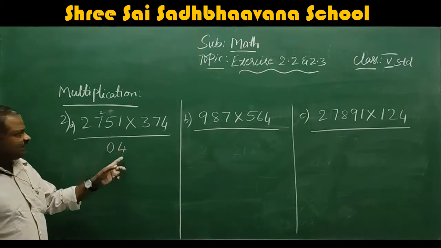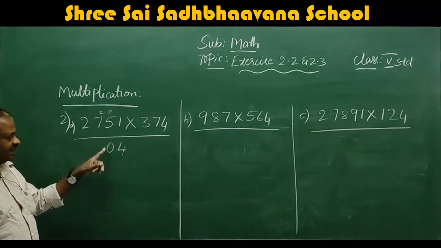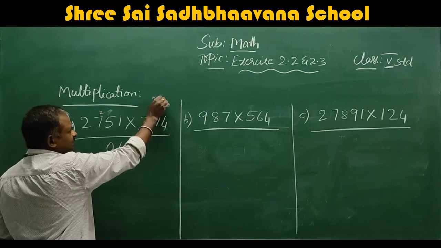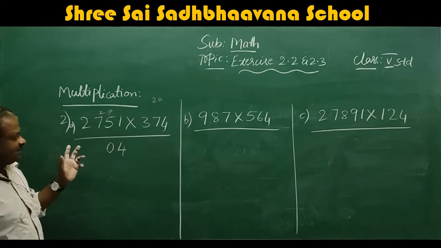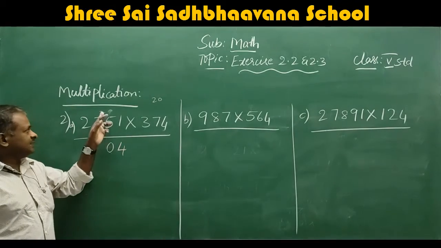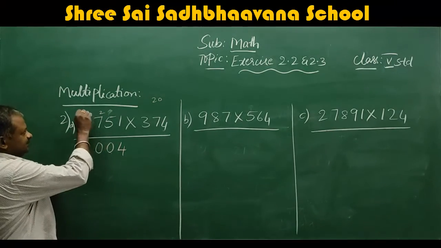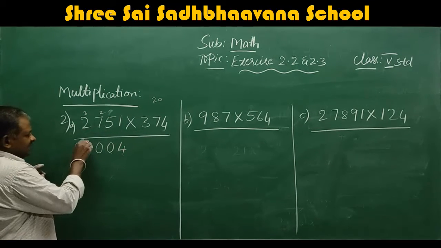Observe, don't write 20 as it is here, write down 0. To get 20, you write down 0 and take carry 2 to the next number. 4 sevens are 28, 28 plus 2 is 30, carry 3. Okay, 4 twos are 8 plus 3 is 11.